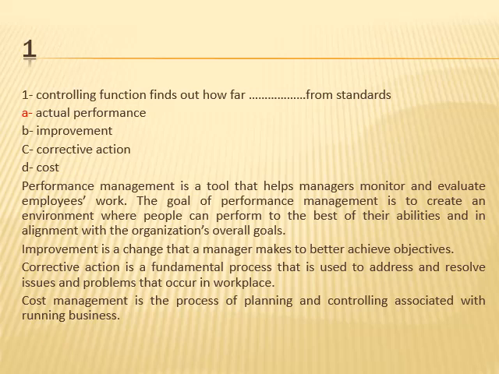So given 4 options: controlling function finds out how far actual performance from standards, improvement from standards, corrective action from standards, or cost from standards.